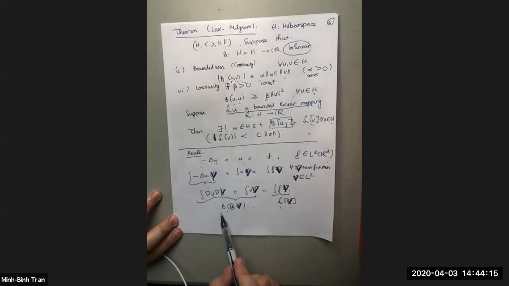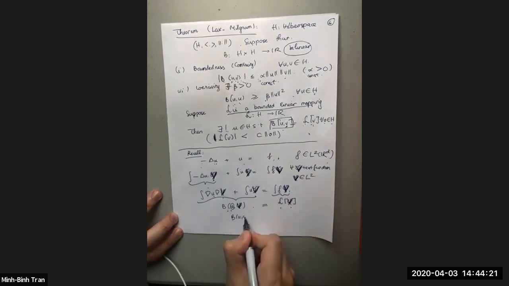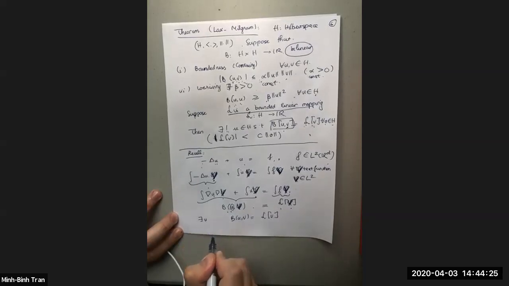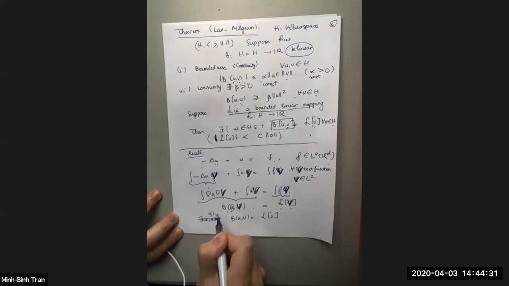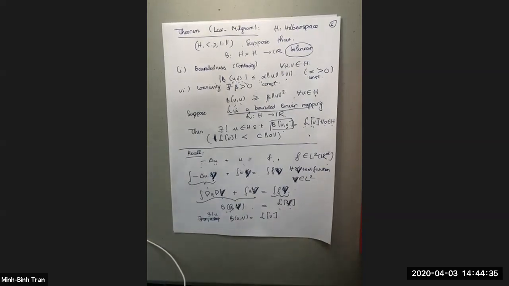So then there has to be a unique U such that B(U, V) is equal to L(V), right? There exists a unique U such that B(U, V) is L(V), right? Is it clear? Any questions?